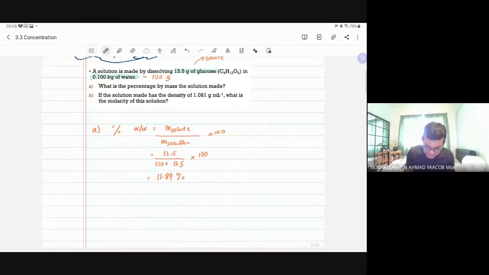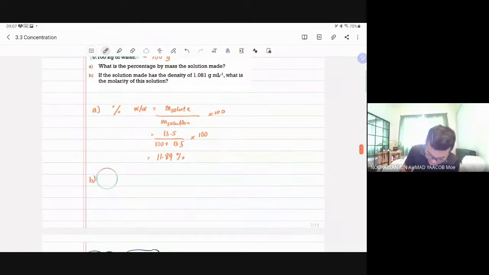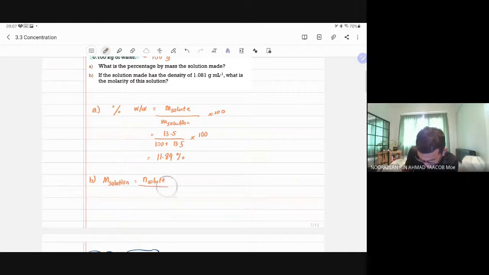However, untuk B pula, dia bagi tahu, if the solution made has the density of 1.081 grams per ml, what is the molarity of the solution? Kita ada density, kita ada percentage by mass, kita ada mass, kita nak tahu molarity dia. Now, kalau kita nak kira molarity, kita guna number of mole of solute bagi volume of solution.